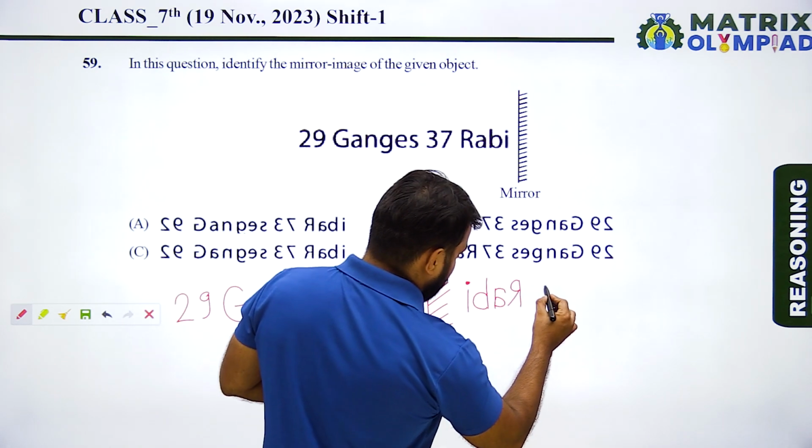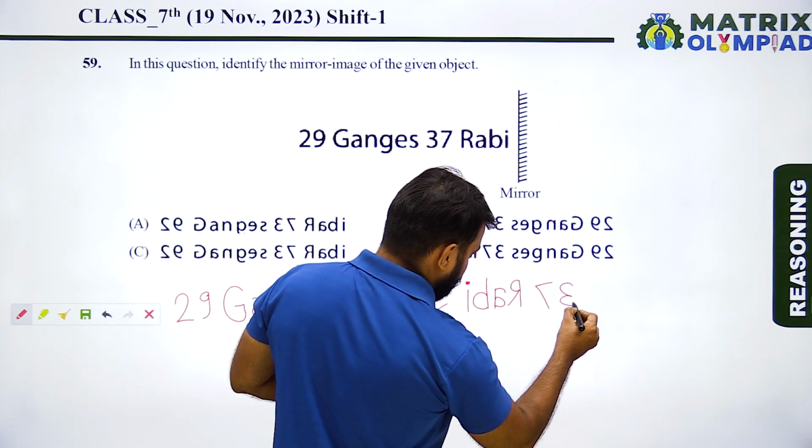Now mirror image of 7. Now mirror image of 3.